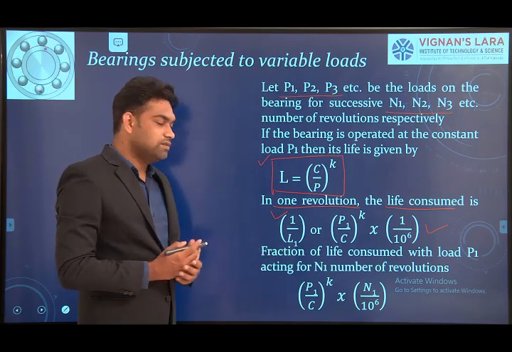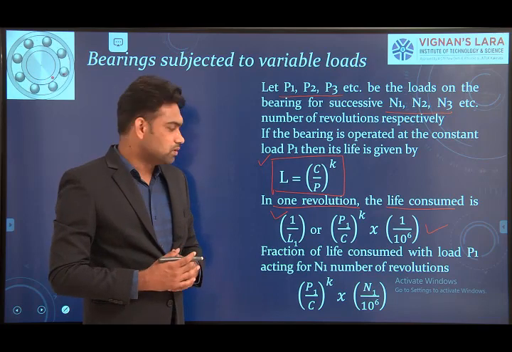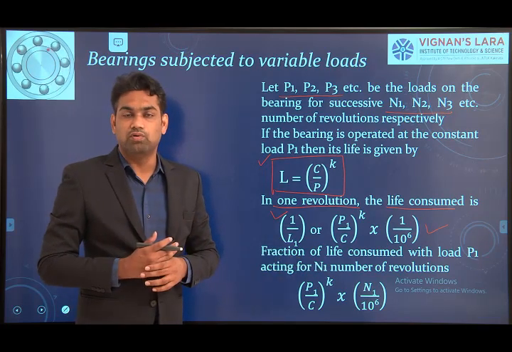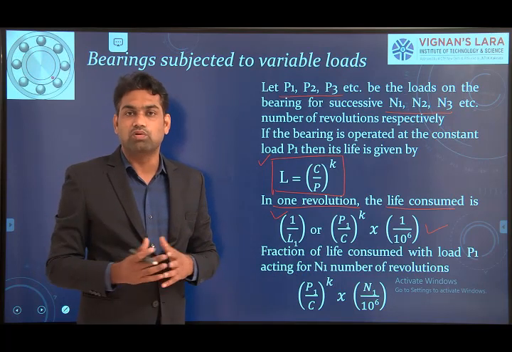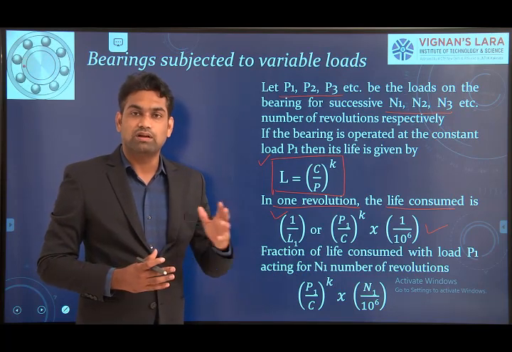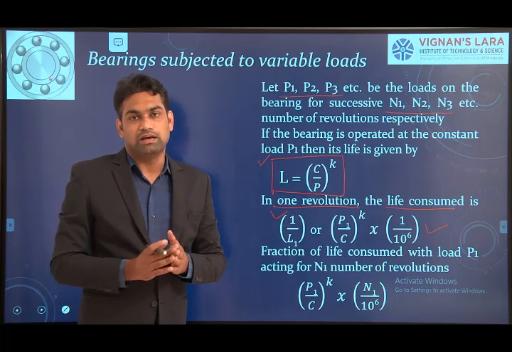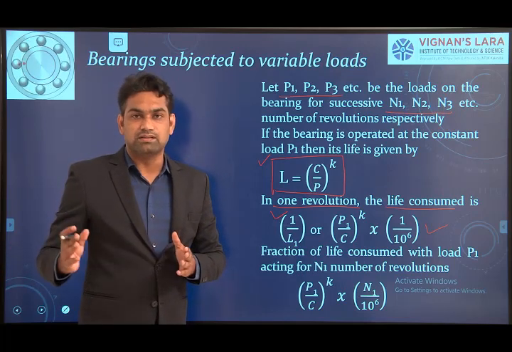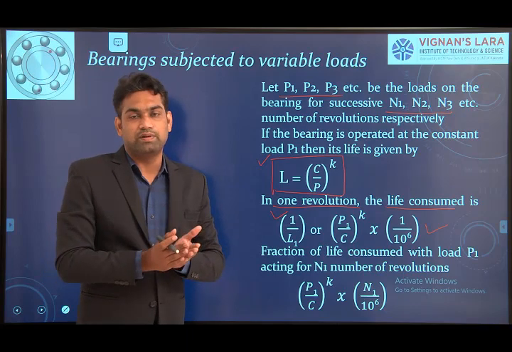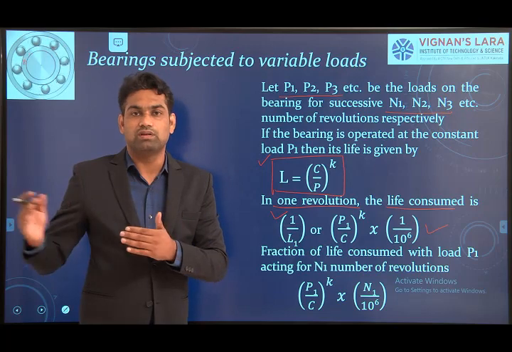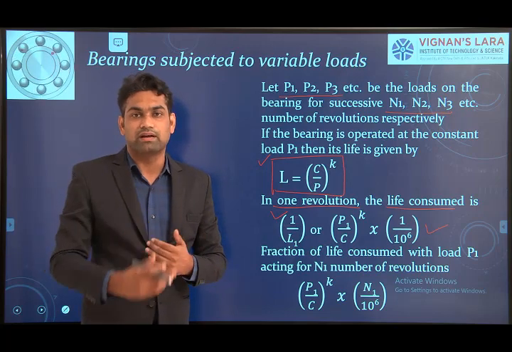Similarly, for the fraction of life consumed with the load P, as I stated, the magnitude of load is not the same throughout the time period. So the total work cycle, that is one complete work cycle, can be divided into a number of sub cycles, like two half periods, or four quarter cycles that give one complete work cycle.